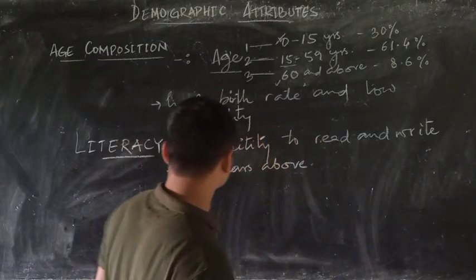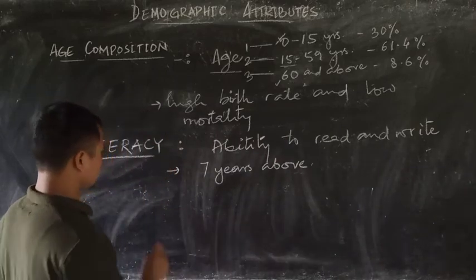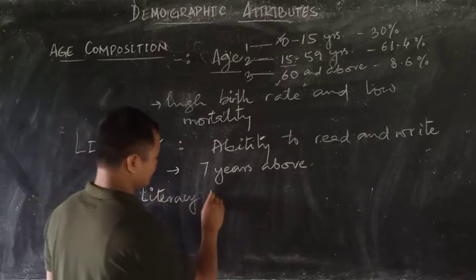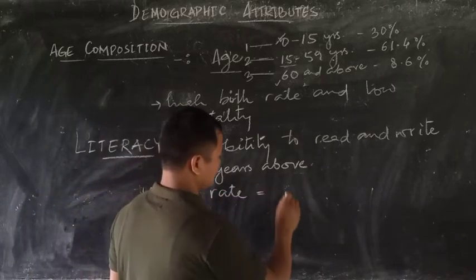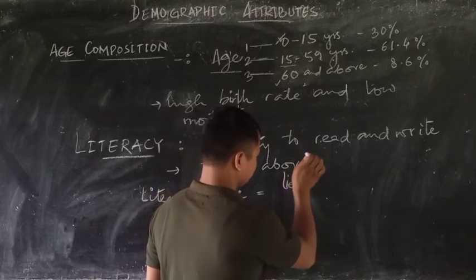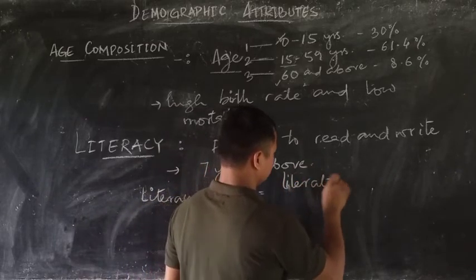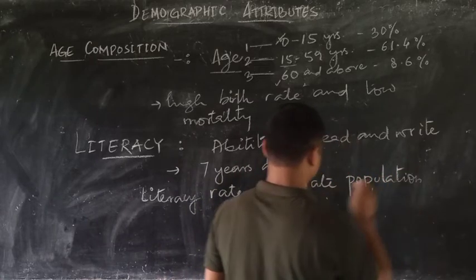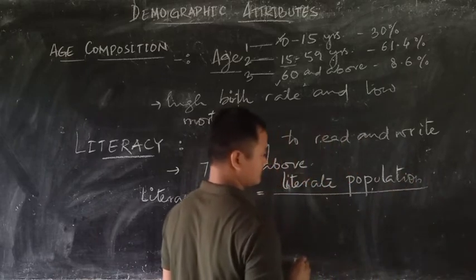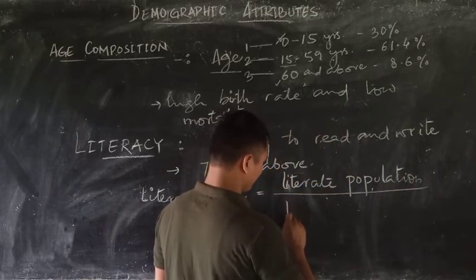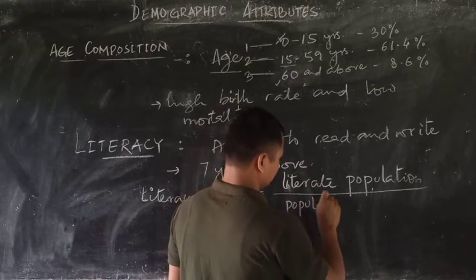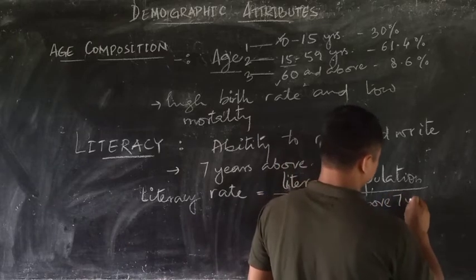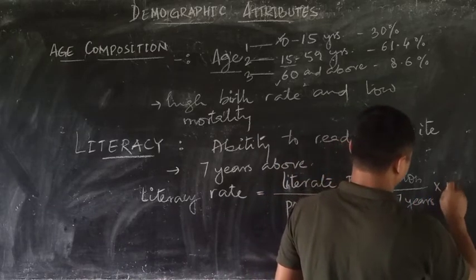Now, this literacy level or literacy rate can be calculated as the literate population over the population above 7 years, multiplied by 100.